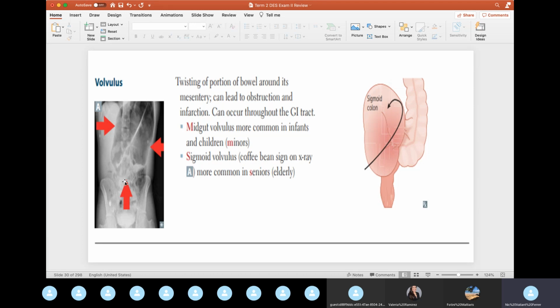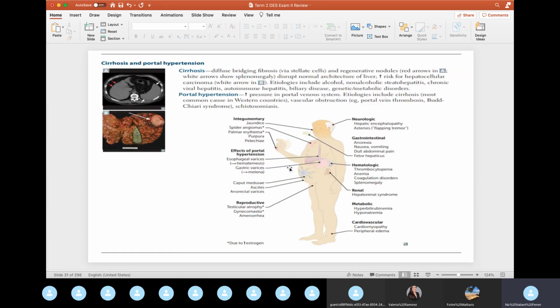This is a coffee bean sign, more common in seniors, the elderly. So for volvulus, a portion of the bowel twists around a mesentery. It can lead to obstruction and infarction. Midgut volvulus is more common in children or minors, and sigmoid volvulus is more common in seniors or the elderly.